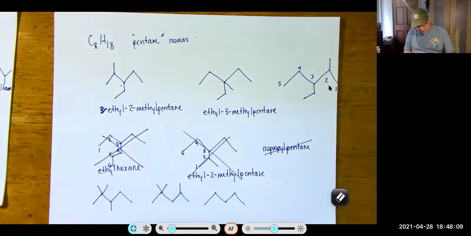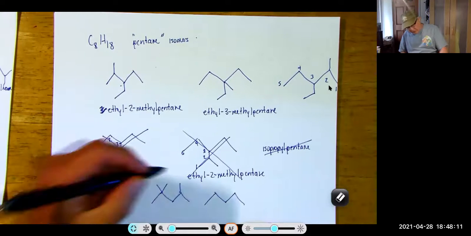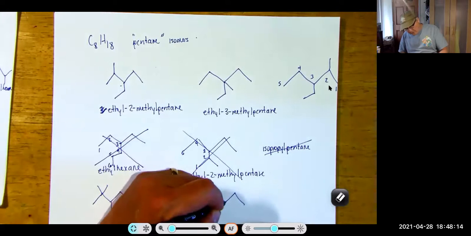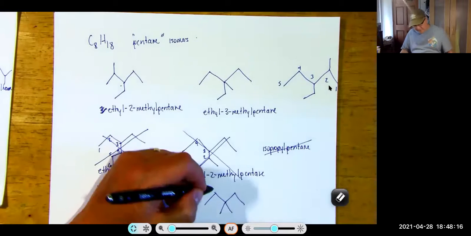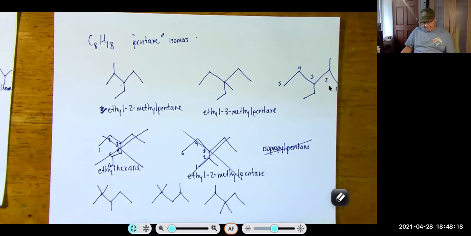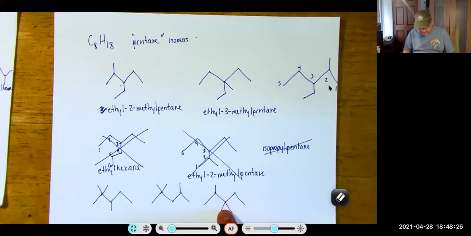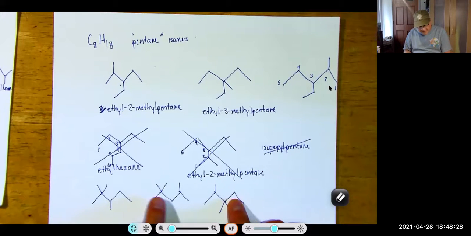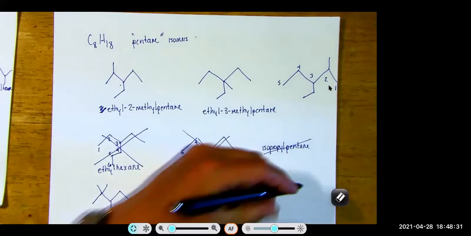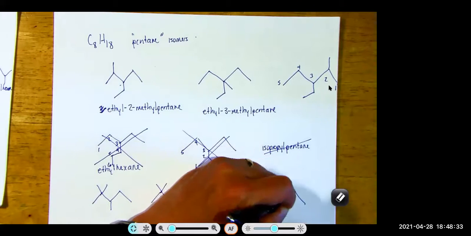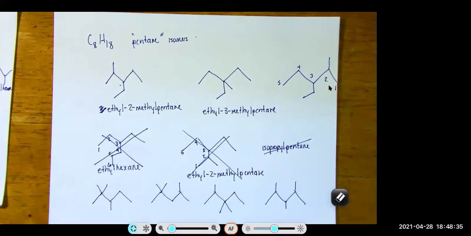Instead of putting 2 on the first one, could I put 2 on the middle and 1 on the first one? Now, what if I put 2 on this one instead of 2 here? That's something we already have, right? But could we do this? And the answer is absolutely.